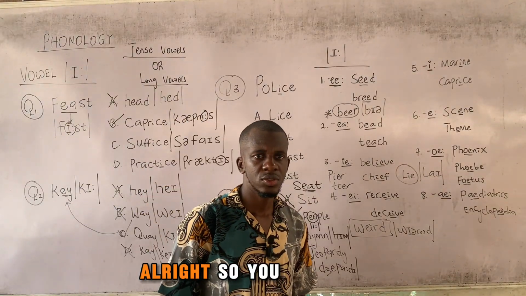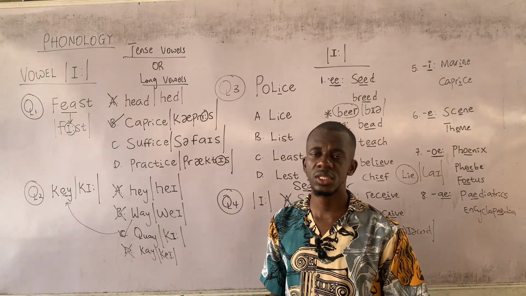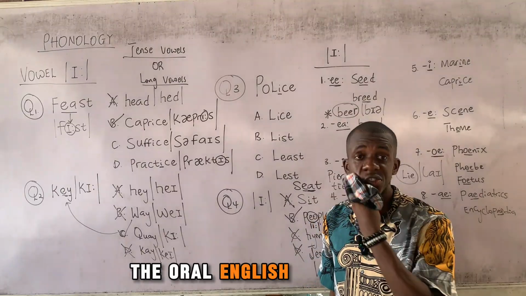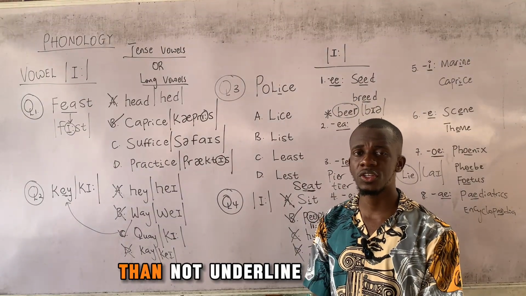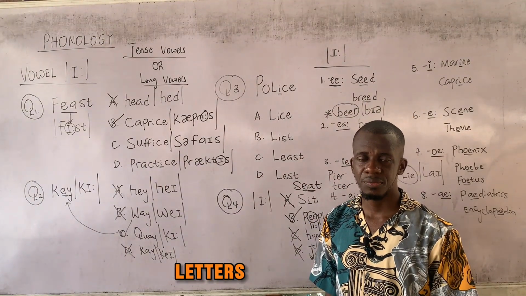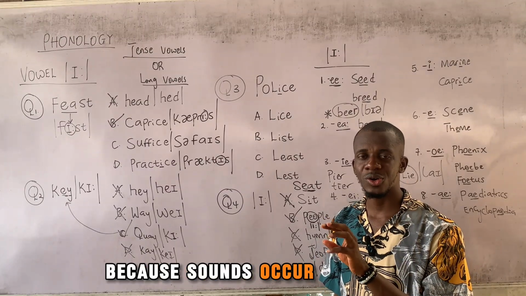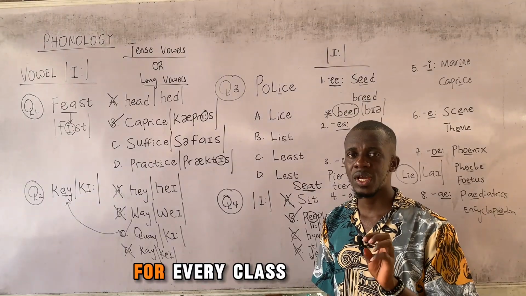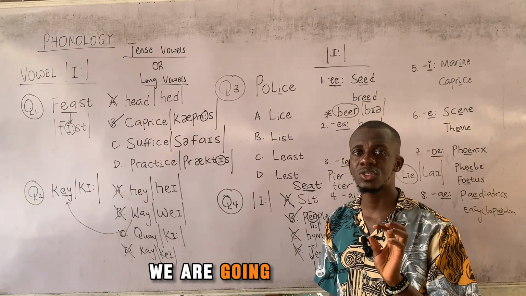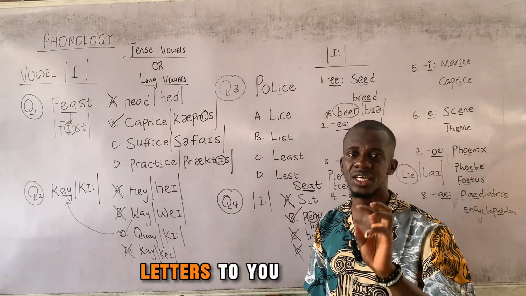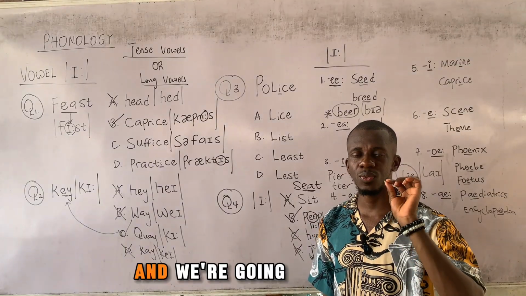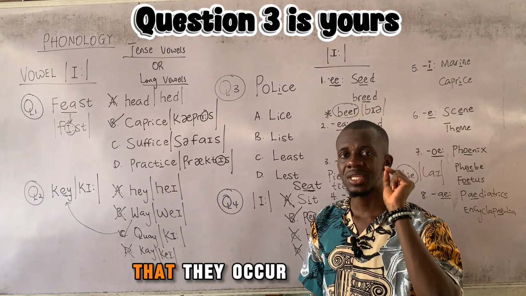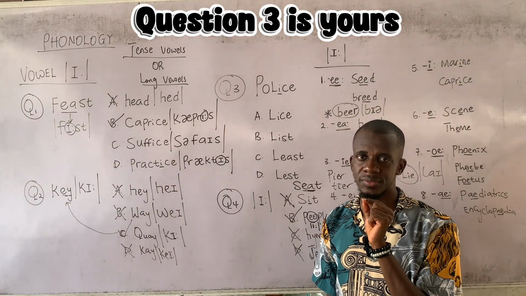So you can see obviously that when dealing with questions in oral English, examiners more often than not underline letters because sounds occur in letters. So right here on this channel, for every class we have on sounds, we are going to be introducing letters to you, and we're going to break these sounds into the letters that they occur in.